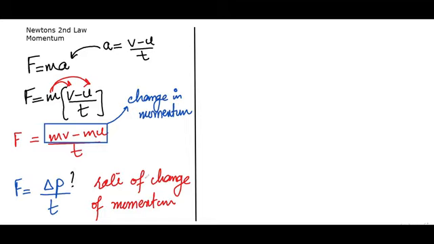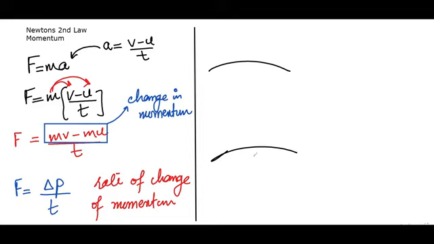So where do we use this formula? As discussed previously, there are cases in which the mass of the system may change during the motion. For example, as a rocket moves up into space, it's using up its fuel very rapidly, so its mass is decreasing with the passage of time. So the value of acceleration would be changing at all times. In those cases, we would have to use this formula to find the average force exerted by the gas on the rocket as it moves from a lower level to a higher level.